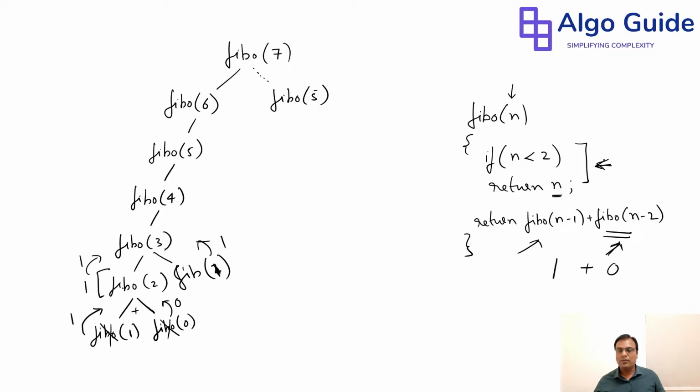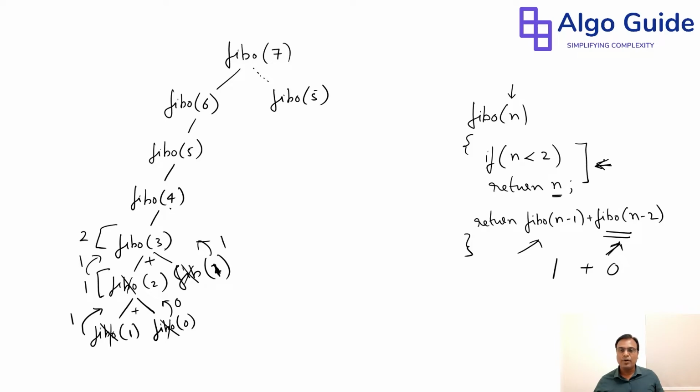So this 1 from fib of 2 is added with this 1, which is the return value of fib of 1, which is 1 plus 1, 2. So fib of 3 will now have the value 2. Now fib of 2 and fib of 1, after returning the value to their parent, are removed from the call stack.